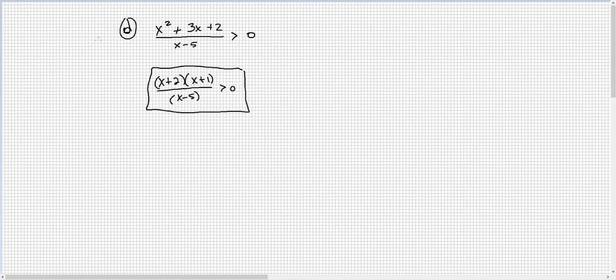Alright, the critical points. From the numerator, I'm going to get -2 and -1, and they're open. From the denominator, I'm going to get 5, and it's open. Put it on my number line. -2, -1, 5. They are all open.